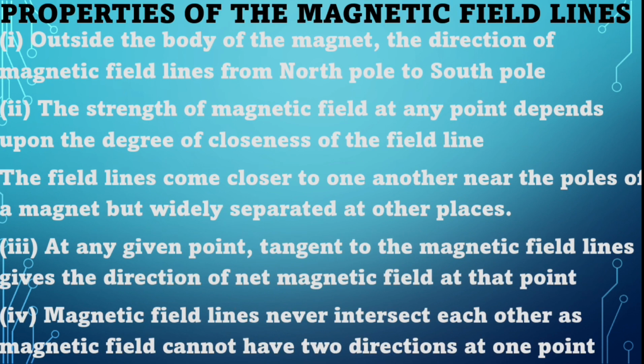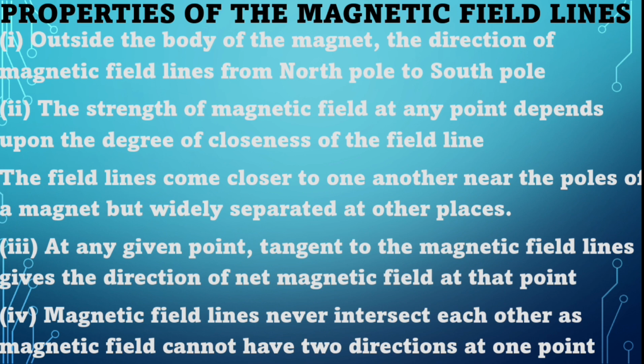Then the third point is the properties of the magnetic field lines. A question that comes is: what are the properties of magnetic field lines? First, outside the body of the magnet, the direction of magnetic field lines is from north pole to south pole. Number 2, the strength of the magnetic field at any point depends upon the degree of closeness of the field lines.